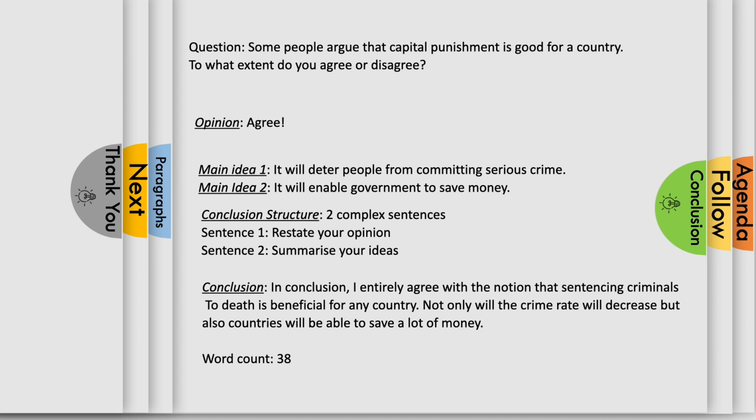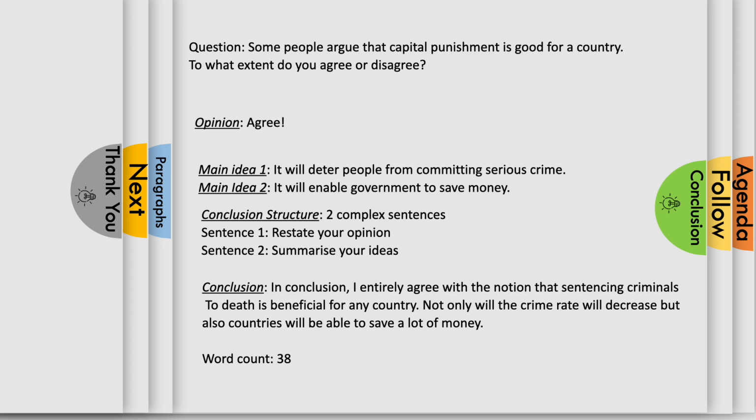So in the first statement we are restating our opinion. So it would be, in conclusion, I entirely agree with the notion that sentencing criminals to death is beneficial for any country. Now in the next sentence we are going to summarize our ideas.